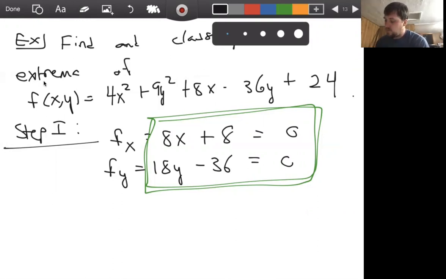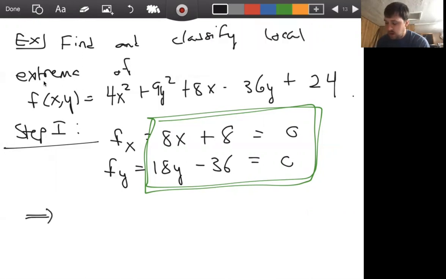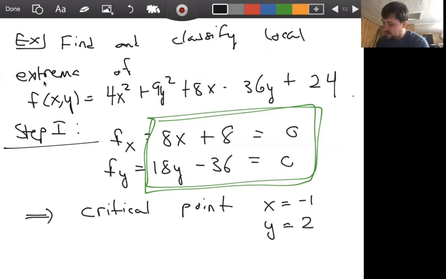And so we get immediately, without much algebra at all, that we have the critical point x equals -1, y equals 2. Because the solution to the top equation is x equals -1, and the solution to the bottom equation is y equals 2.